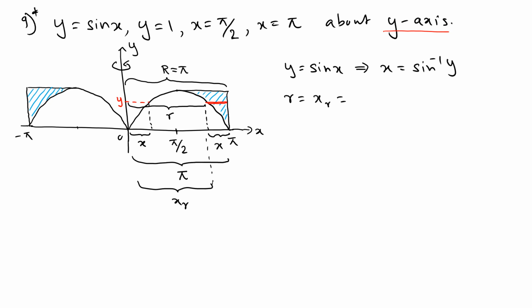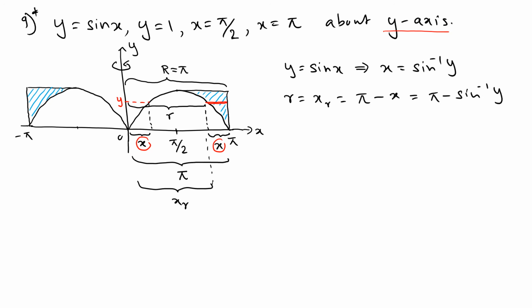To get xr, you need to subtract: pi minus the x value. So small r is equal to pi minus x, from geometry, but this x is equal to sine inverse y.